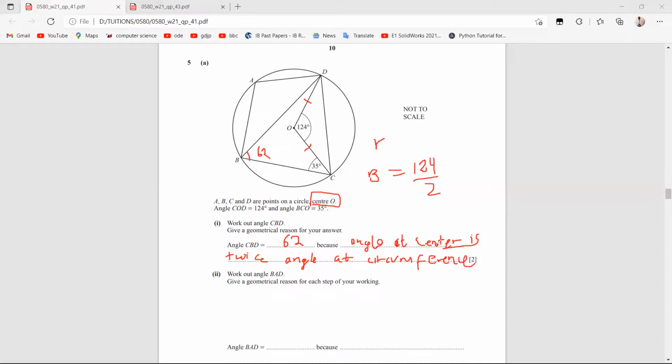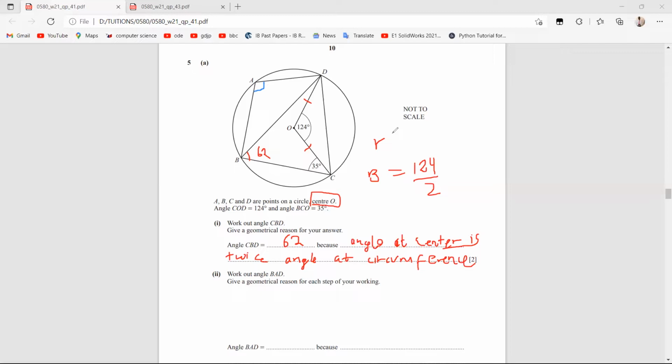So let's see. They're saying work out angle BAD, that is Roman 2. Let me just get myself a different color of pen for that. Angle BAD. So if you check angle BAD, BAD is there, the angle at A, okay? So this calls for the theorem of cyclic quadrilaterals, all right?